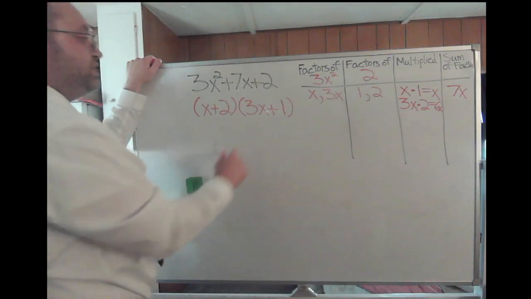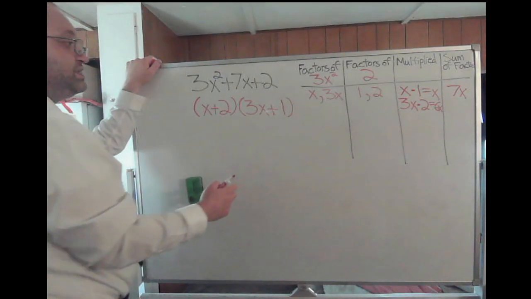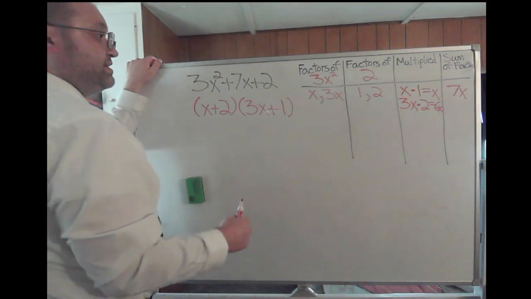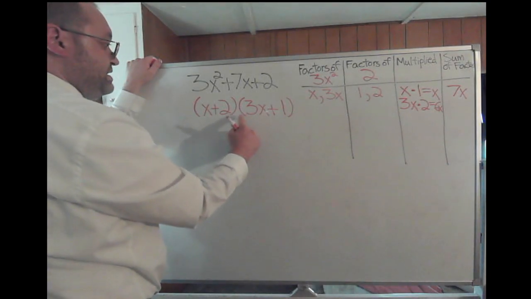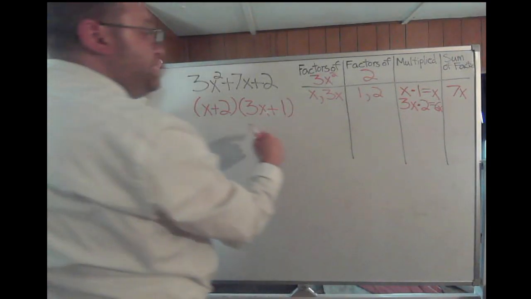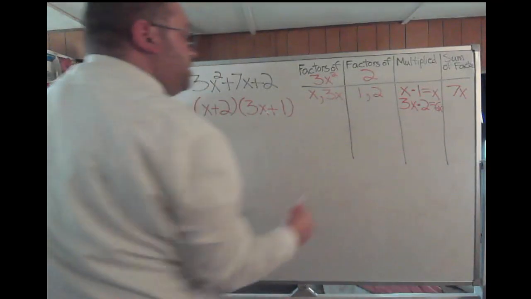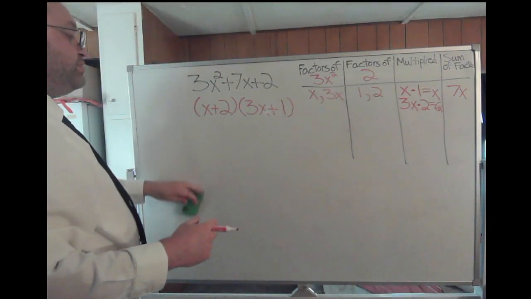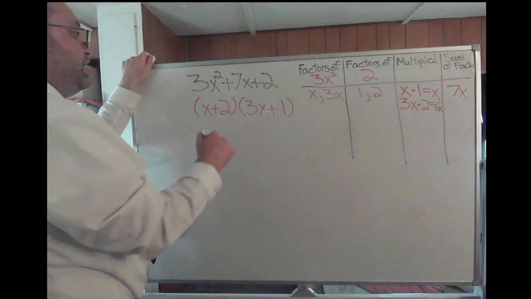So 6x plus 1x gives you 7x when you FOIL this out. So it's all about knowing how to position to get your middle term of 7x.